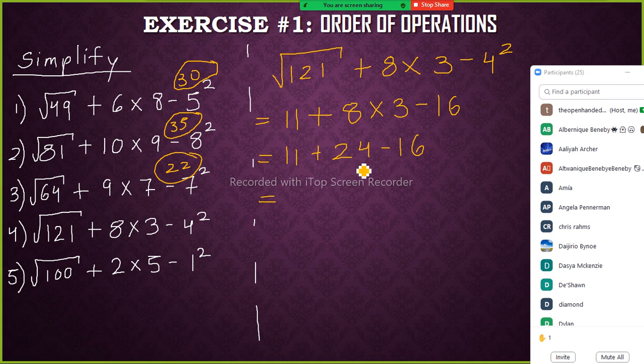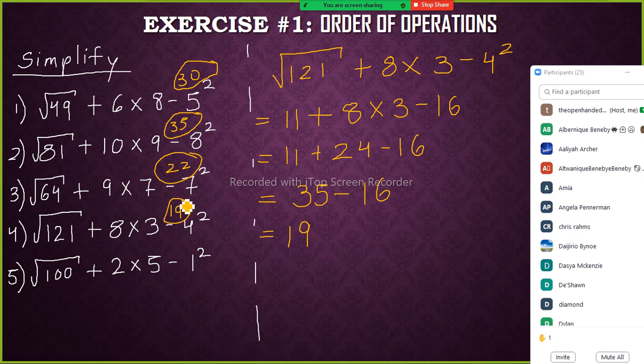What is that? That's 35, minus 16, is going to be equal to 35 minus 16, which is 19. All right. So that's 19.